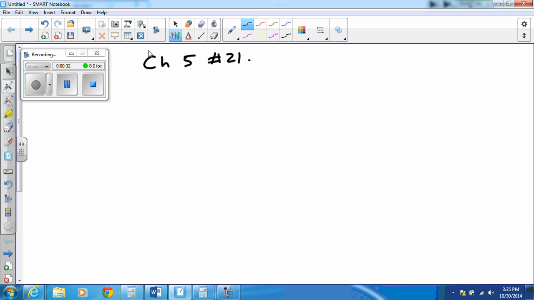In this particular problem, we are told that a curve is perfectly banked for a car traveling at 75 kilometers per hour. And now they want to know what the coefficient of friction is required in order for a car to be able to travel at 95 kilometers per hour.